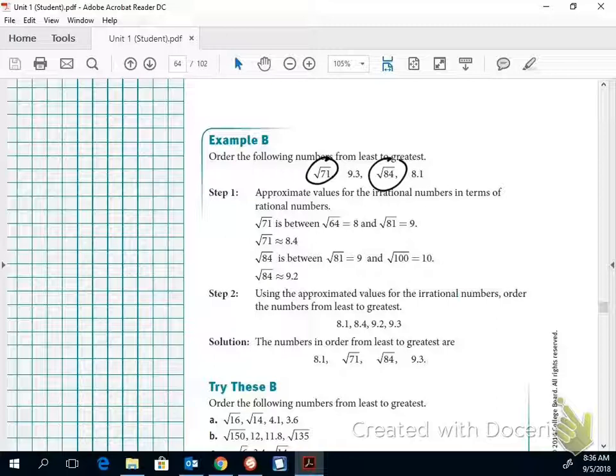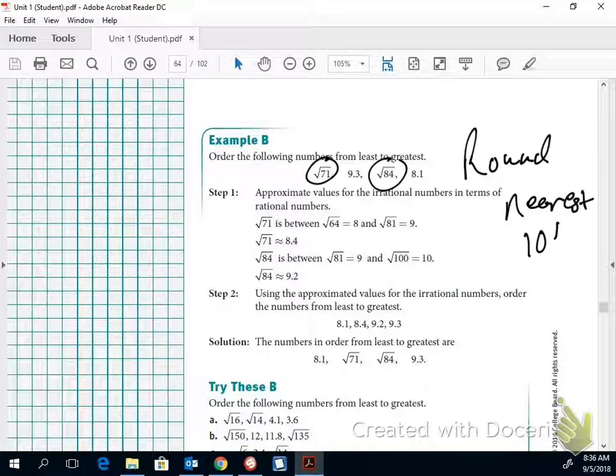So if I wanted to round these two right here to make them comparable, where would I put them? What would I round to? The nearest, maybe the nearest tenth. If I do that, all the numbers kind of look the same.